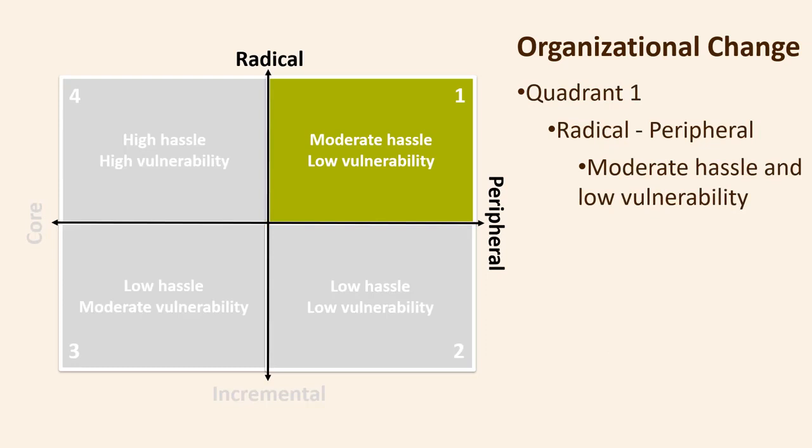In Quadrant 1, in the upper right corner, change is perceived as radical, but the change is also perceived as peripheral to the primary task of the organization. The hassle factor is likely to be moderate. You will have moderate resistance from the organization and only from those who become directly involved.